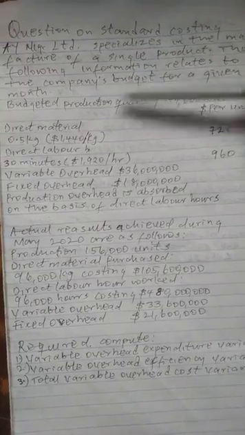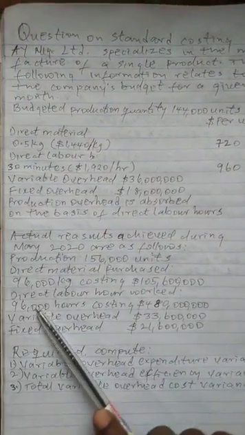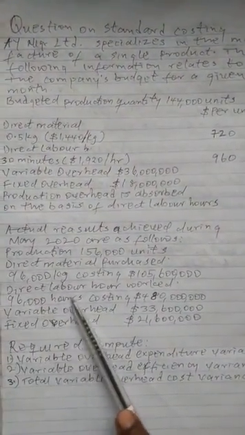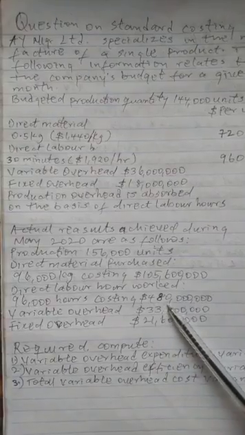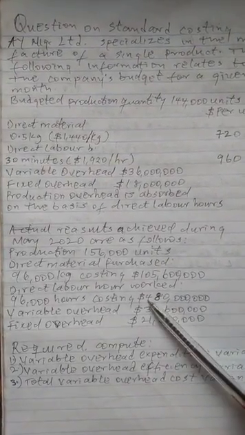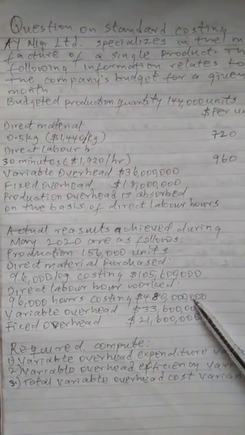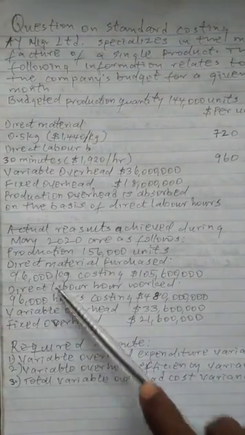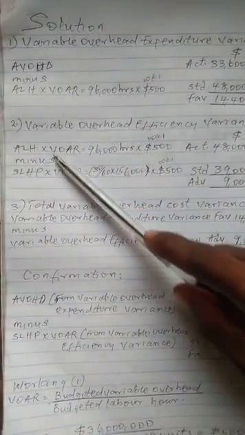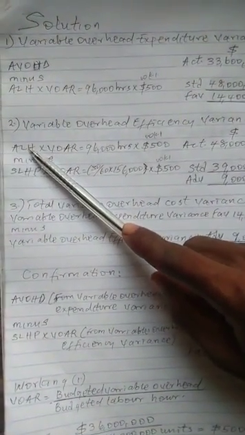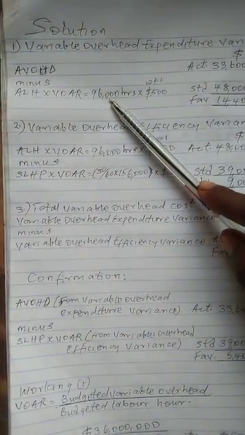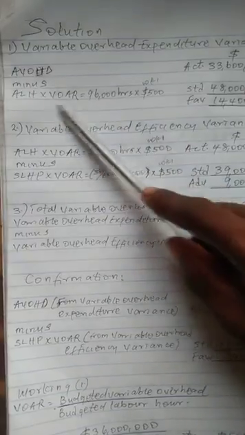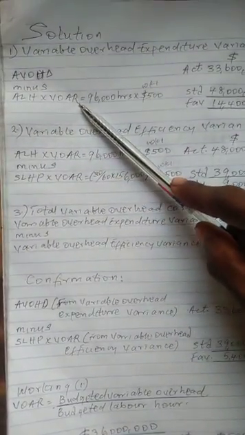This is it: 96,000 hours, costing $480 million. You're not talking about the total value here, you're talking about the hour. You pick the actual labor hour, 96,000 hours, multiplied by a variable overhead absorption rate.